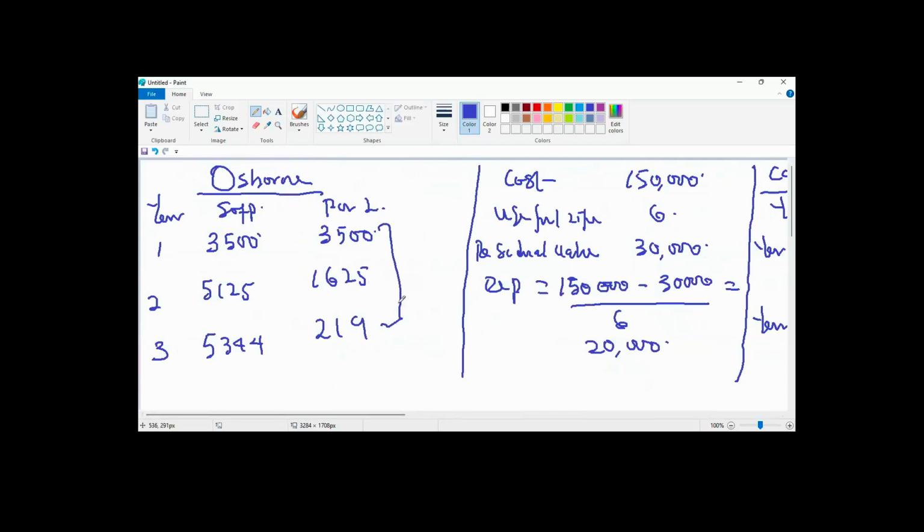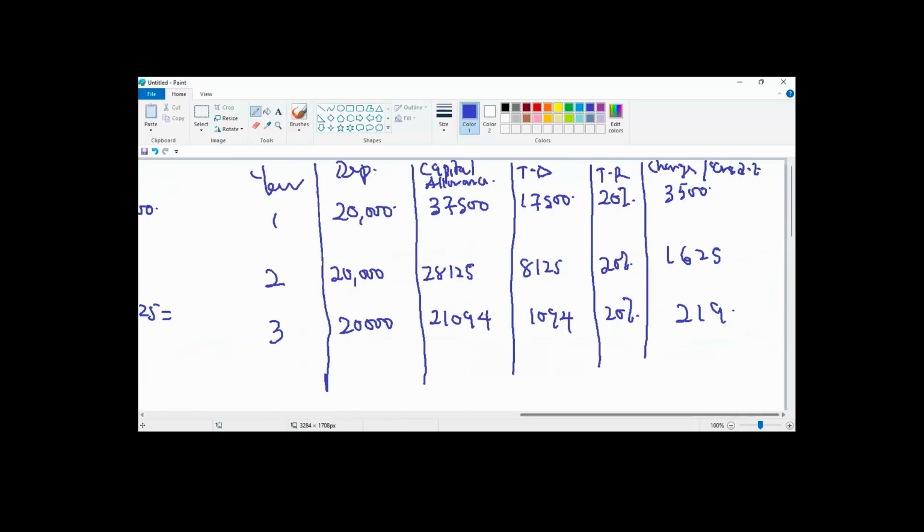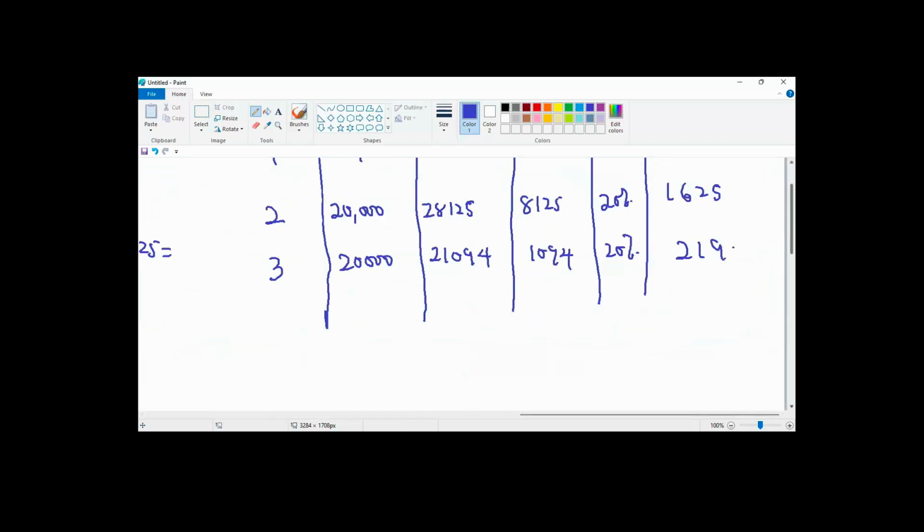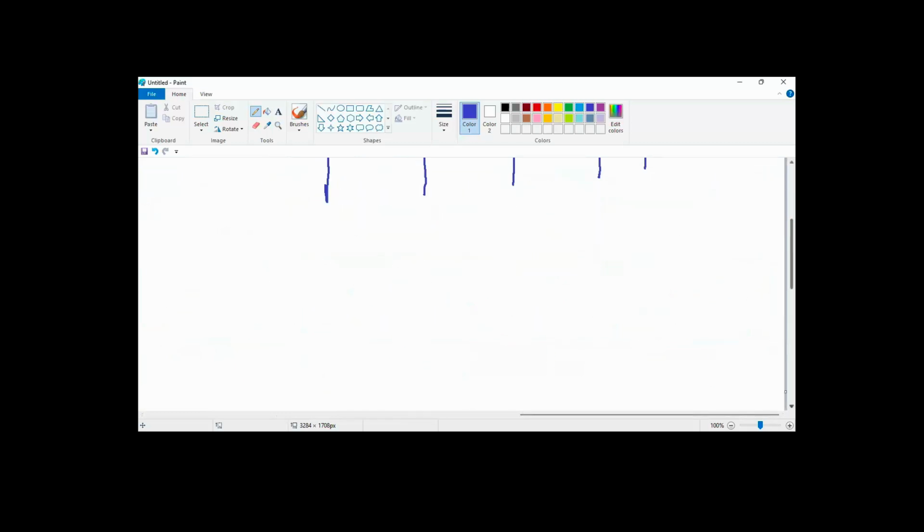But how do I now get the one that goes to the statement of financial position? Using this approach the same way. Year 1, 2, 3. Opening balance.